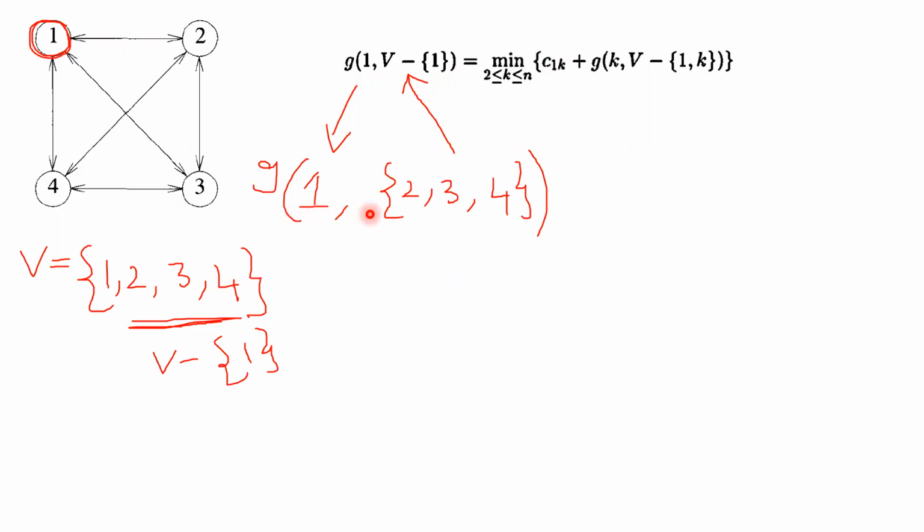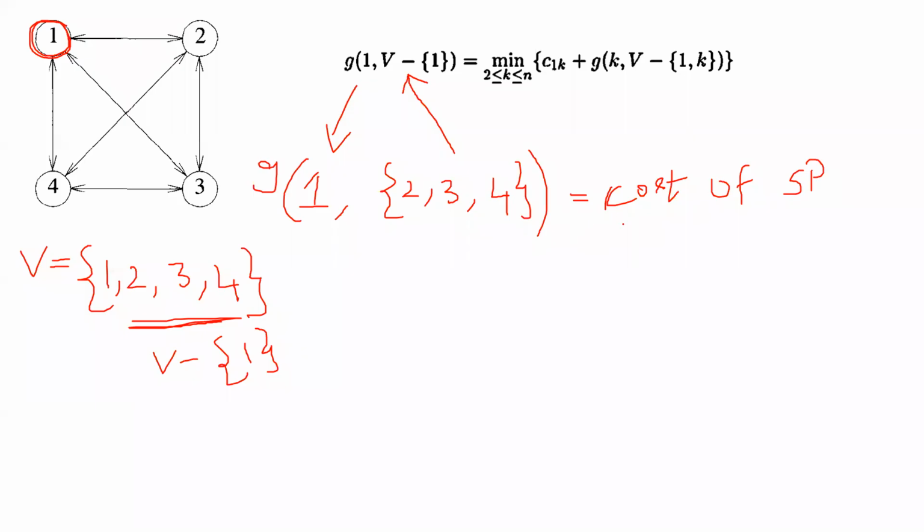Further, this G cost function gives the length of the shortest path, or it gives the cost of the shortest path.